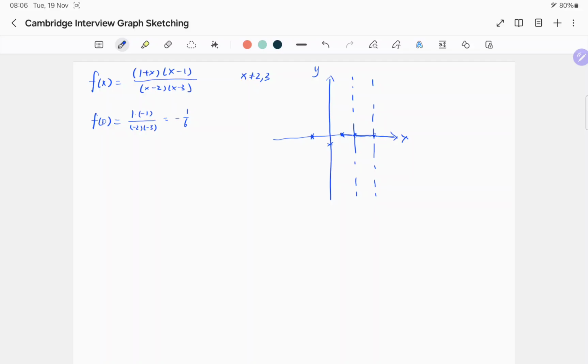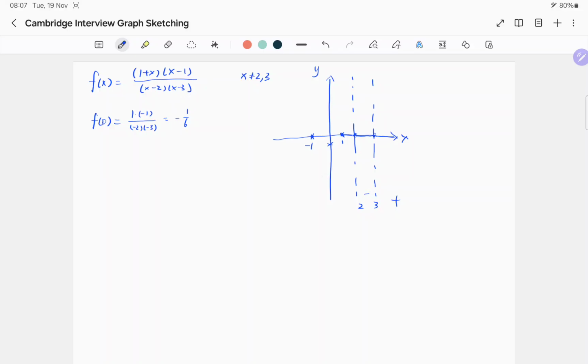First, when x approaches infinity, all of those constant values are negligible. So the sign of x gives us that it will be positive. However, when x is smaller than 3, here is 3, here is 2, here is 1, here is negative 1, this term turns negative.